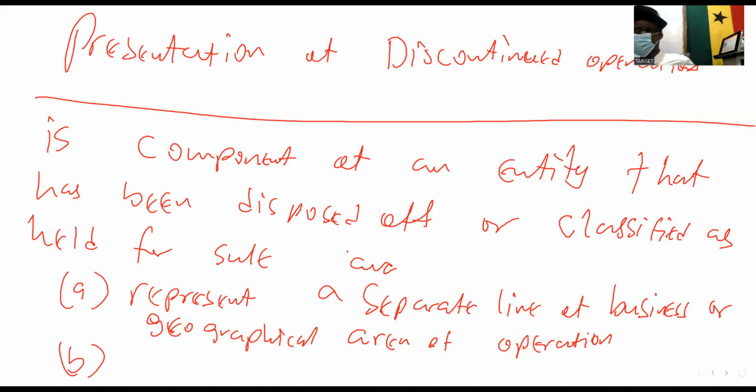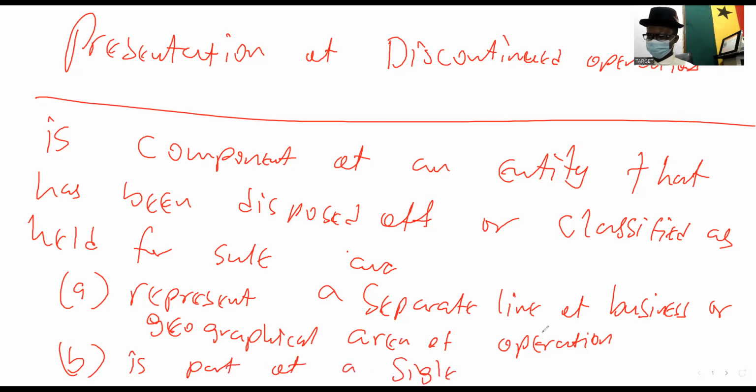It's part of a single coordinated plan to dispose. So there's a plan. It forms part of a single coordinated plan to sell.